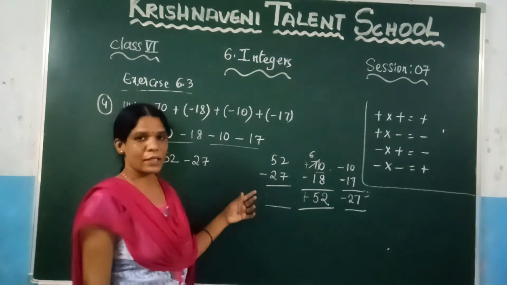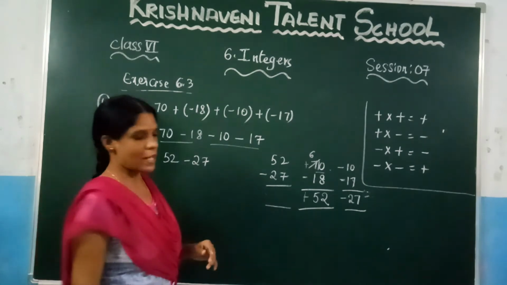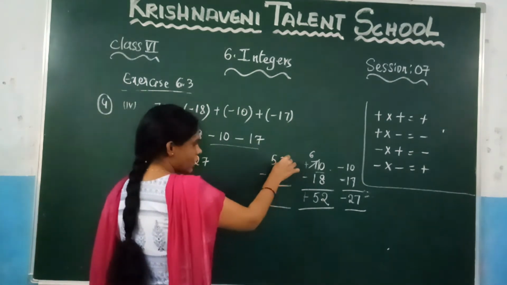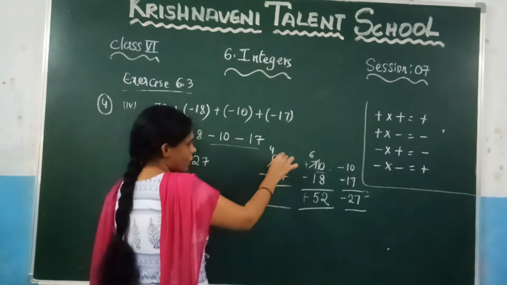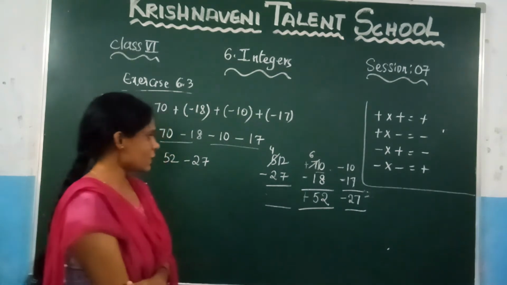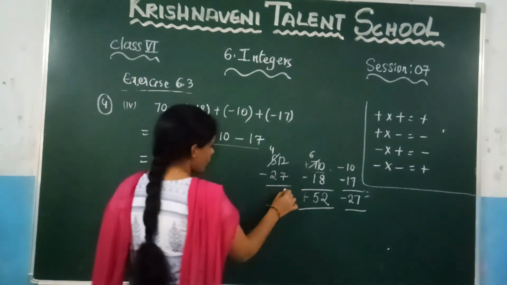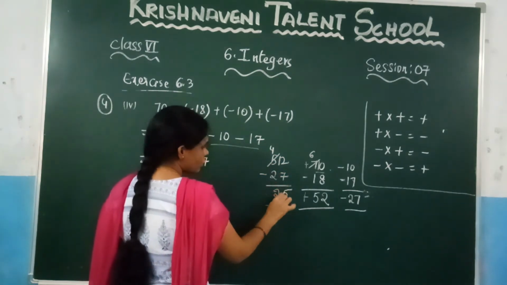Now let us see here. Since these two numbers have a different sign, you need to subtract. So let us subtract here. Since we cannot take 7 from 2, let us borrow here. You will get 4 and here you will get 12. Right? What is the value of 12 minus 7? Which is 5. And what is the value of 4 minus 2? Which is 2.